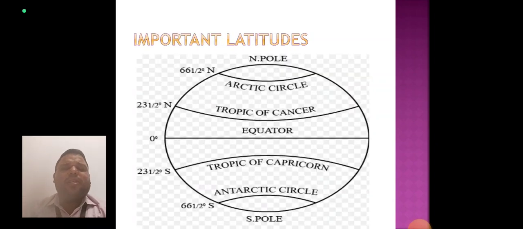Now these are the important latitudes: the equator, Tropic of Cancer in the northern hemisphere and Arctic Circle and North Pole, and Tropic of Capricorn in the southern hemisphere, Antarctic Circle in the southern hemisphere and South Pole.